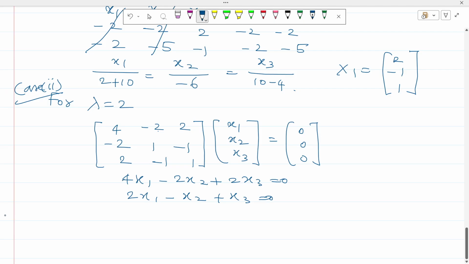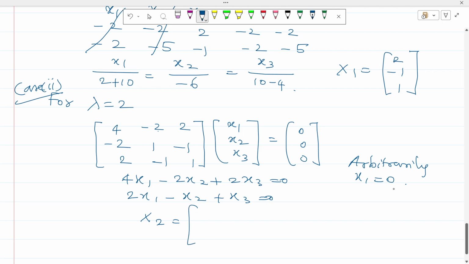So arbitrarily any one of them equal to 0. In case I take x1 equal to 0 arbitrarily, for example, x1 equal to 0.